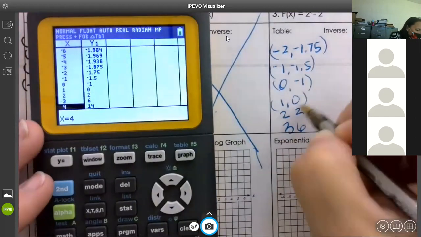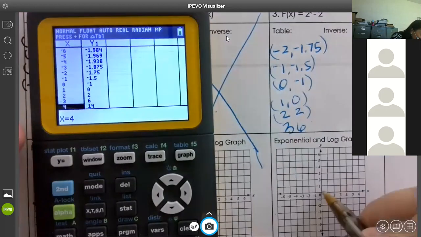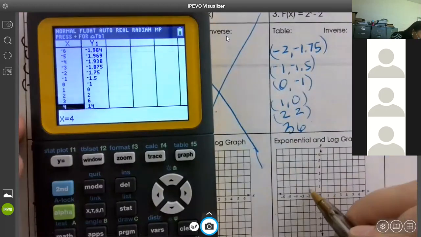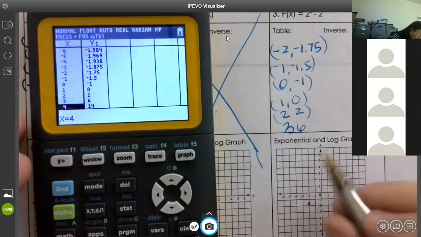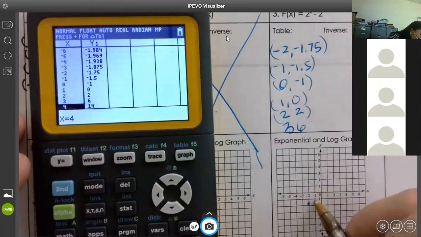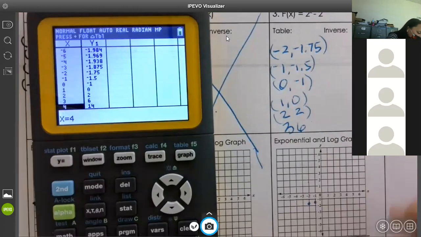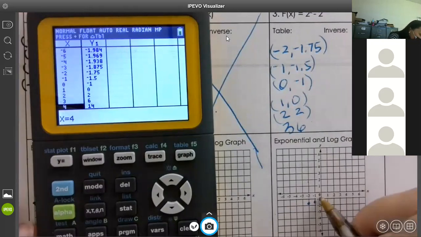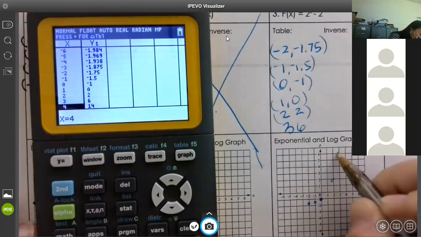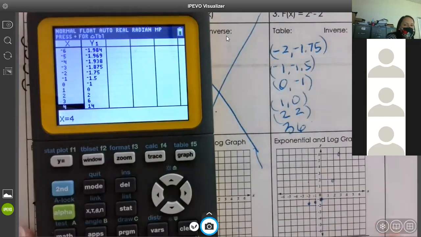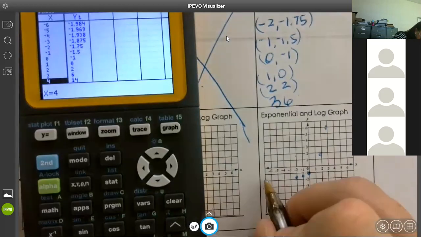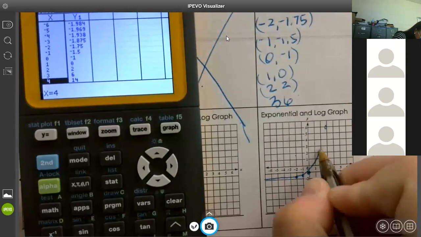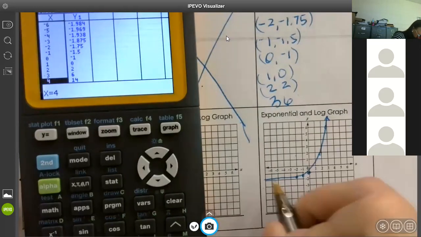So I'm going to graph this. -2, -1.75, -1, -1.5, 0, -1, 2, 2, 3, 6. So where do you think our asymptote's at? -2. So there's your exponential.